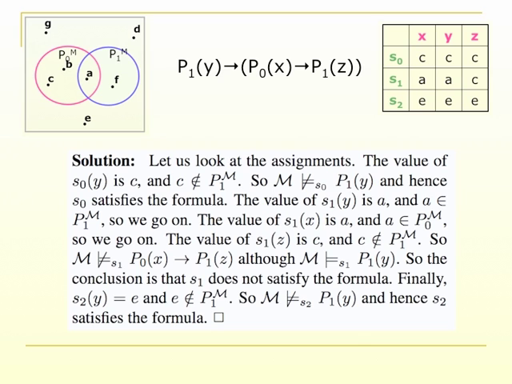This means that S1 does not satisfy the implication P0x implies P1z, but it satisfies the hypothesis of the entire implication, namely P1y. So we conclude that S1 does not satisfy the given formula.